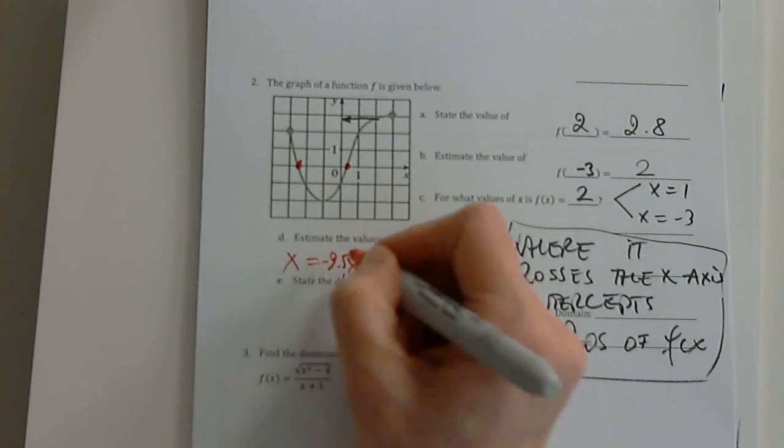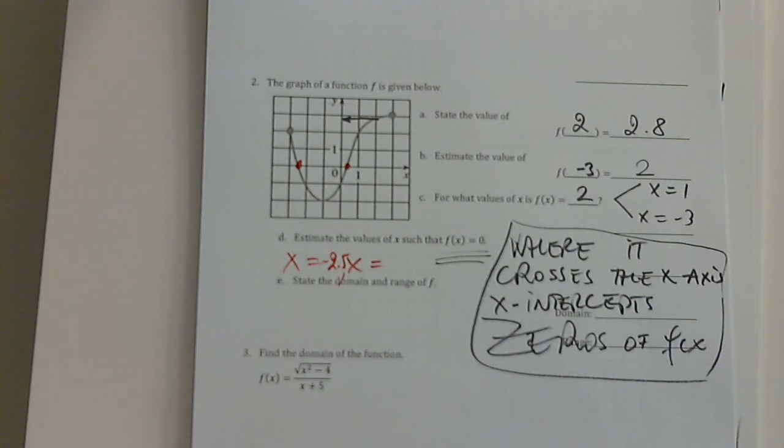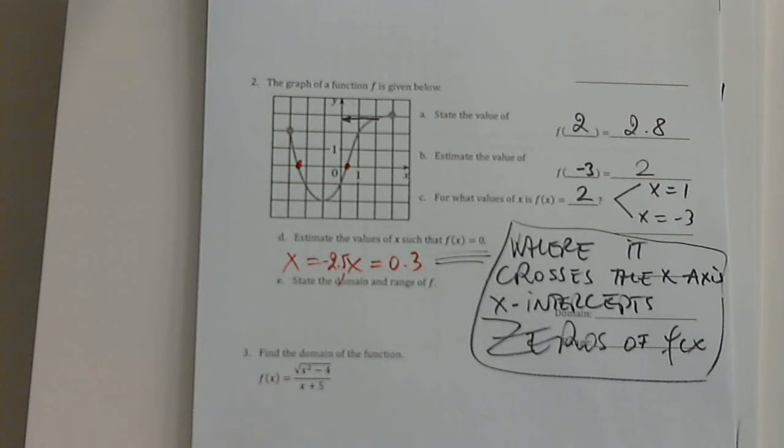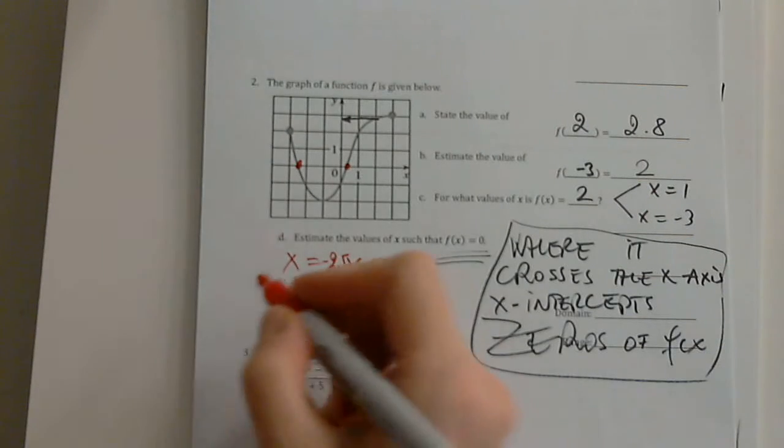Excellent. 0.3. Say it again. 0.3. Perfect. Good, moving on. Any questions? Oh, domain and range, sorry.